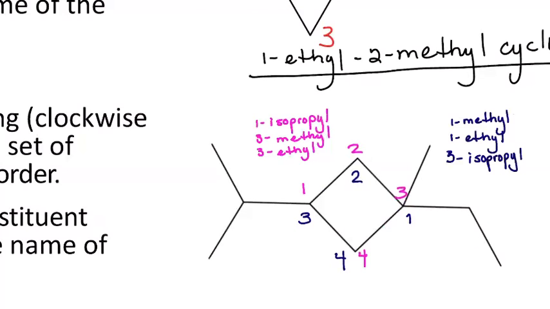So taking this into account, I showed you guys a trick yesterday. If you take these numbers and you add them, they will equal 7. If you add these numbers, it equals 5. The one that has the lowest value overall, that's going to be the correct numbering.